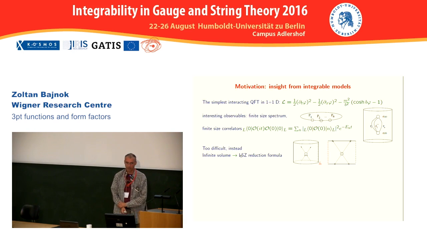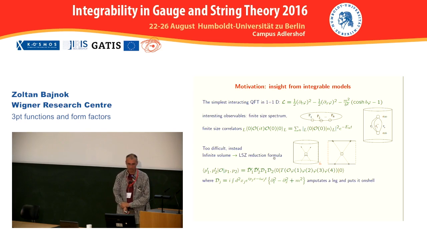Because in infinite volume, you have this beautiful Lehmann-Symanzik-Zimmermann reduction formula. And this reduction formula tells you that if you would like to calculate the matrix element of an operator between, like, a two-particle state, then you can actually use the correlation function, which you can calculate perturbatively, and you just act with some integral differential operator on the correlation function.